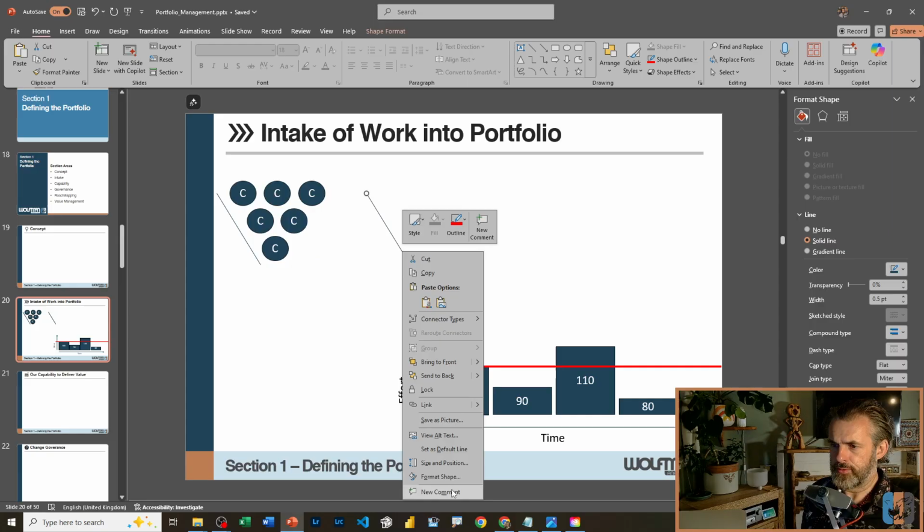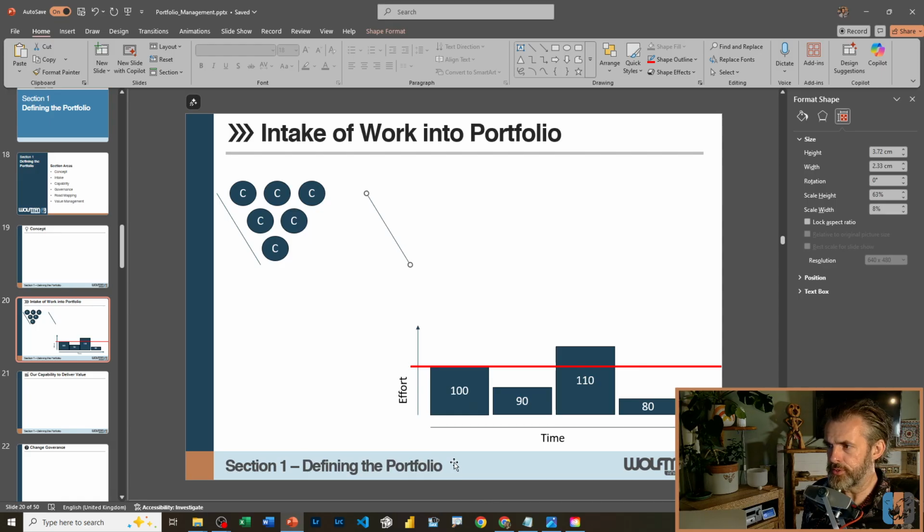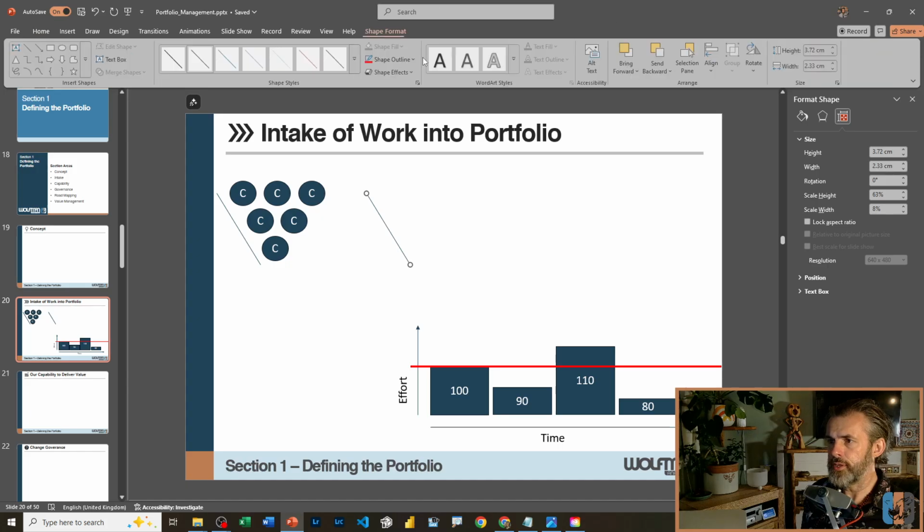So let's flip this thing around, using size and position and shape format.